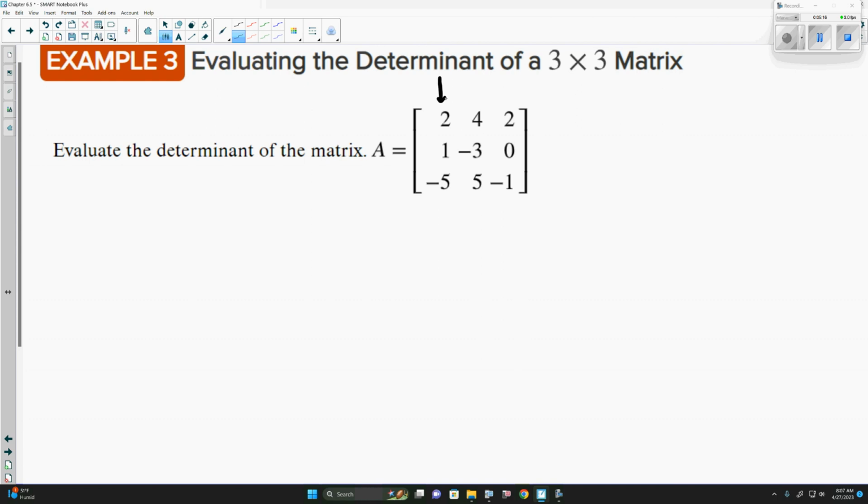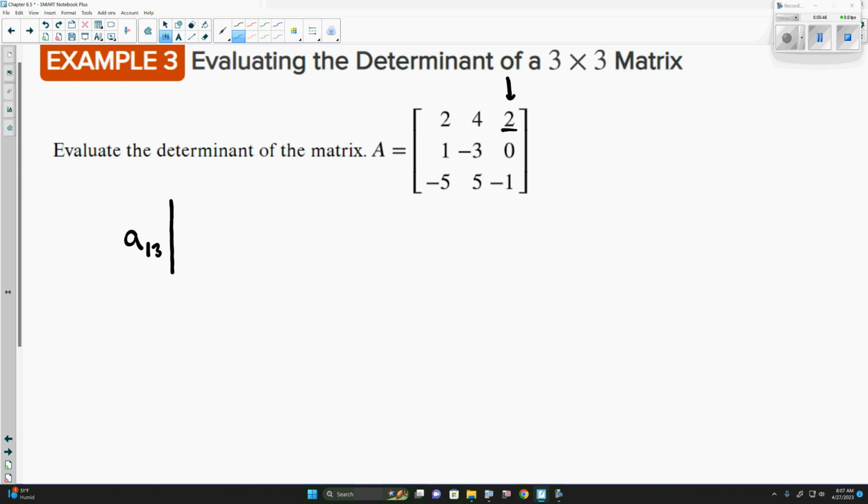Now, we could pick the first one, we could pick the second, or we could pick the third. Doesn't matter which one we pick. I would prefer using the third column because the middle number is 0. So if we pick the third column, what we're going to have is A sub 1,3 times the determinant.